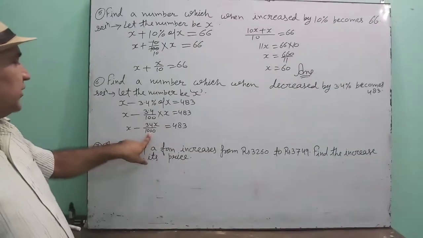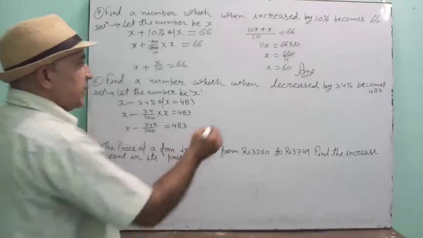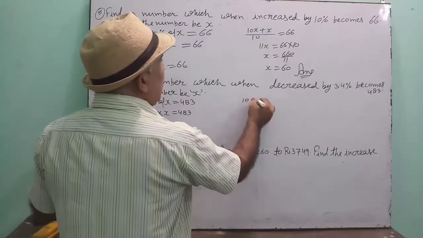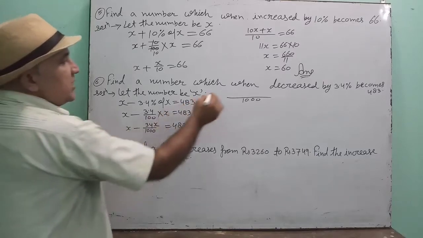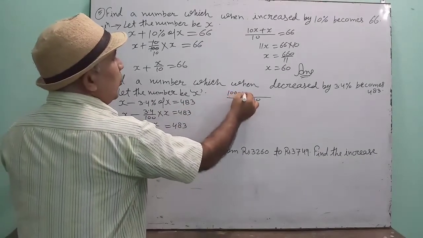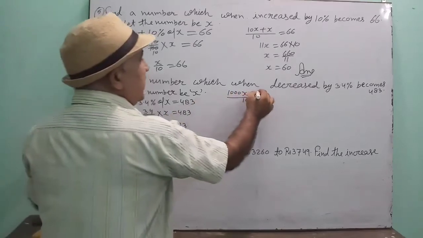Again this is a fraction. Subtraction of fractions is done by taking the LCM. That means here 1000 will be the LCM. So 1000 into x will be 1000x minus 34x will remain here.